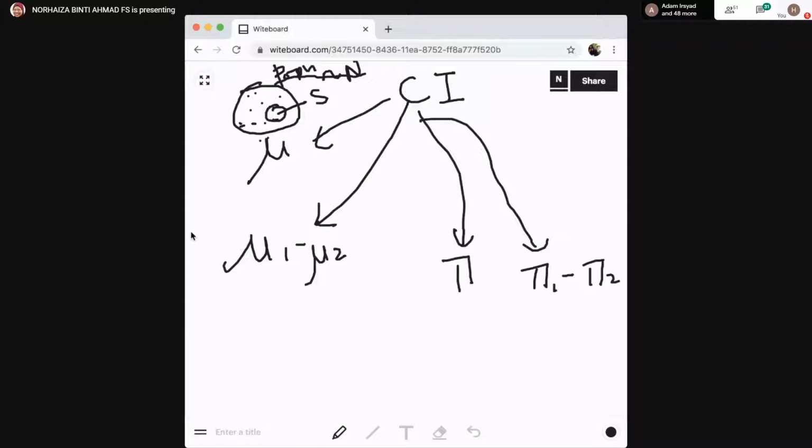For example, if I want to construct a confidence interval for the mean and the difference between two means, what are the distributions associated to these intervals? What is the distribution that I use to construct the confidence interval?